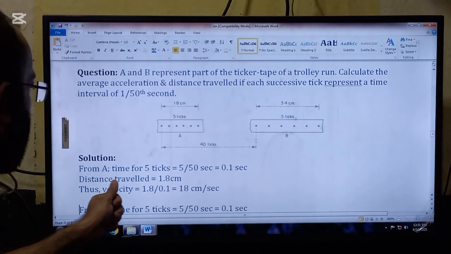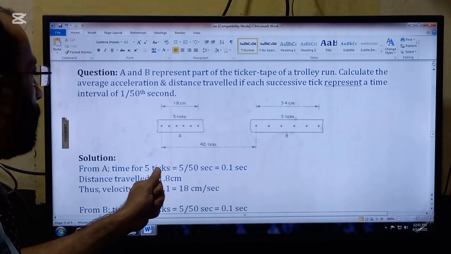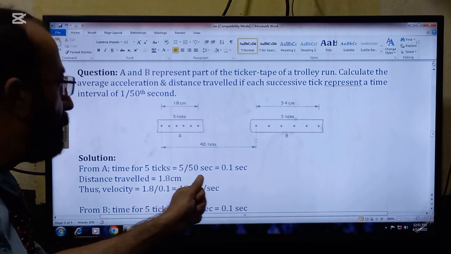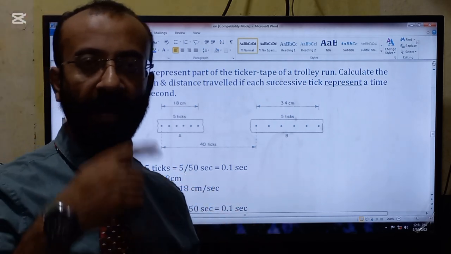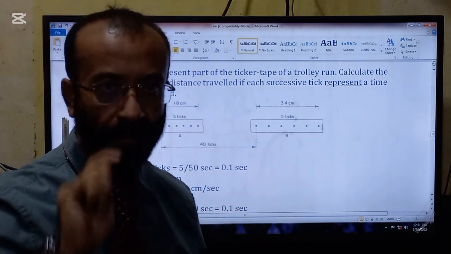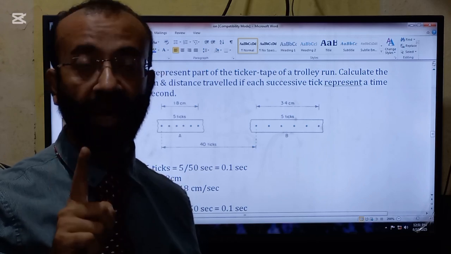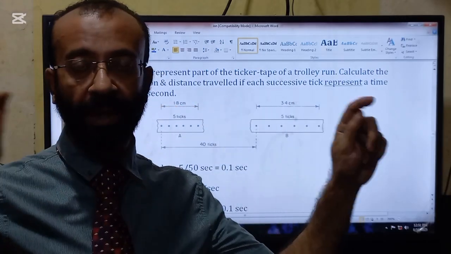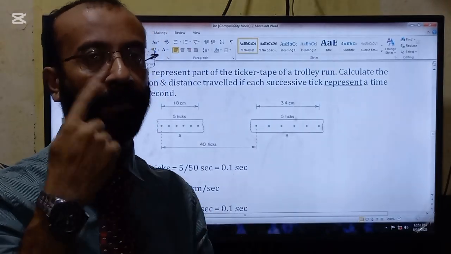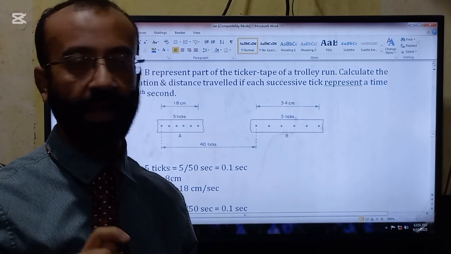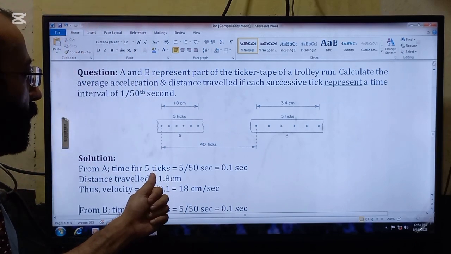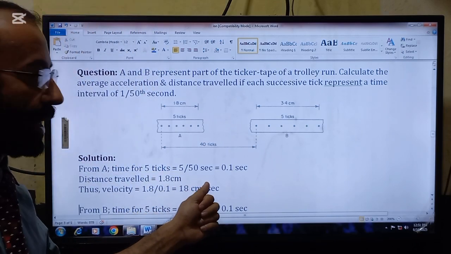Okay, look now. Time for 5 ticks is 5/50 second, because for every one dot, time will be 1/50 second. I'm telling you again and again, because for 50 dots, time is 1 second. For one dot, time will be 1/50 second. And for 5 dots, time will be 5/50 second.